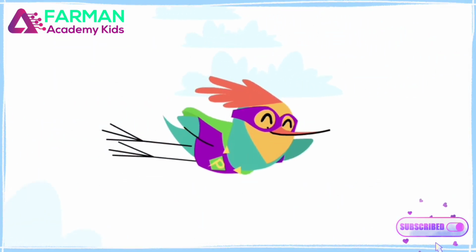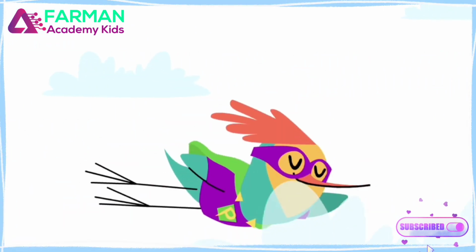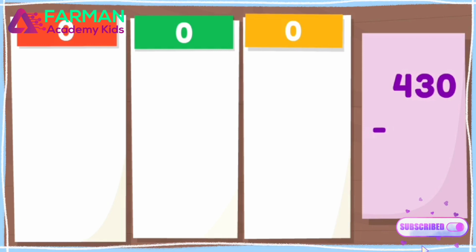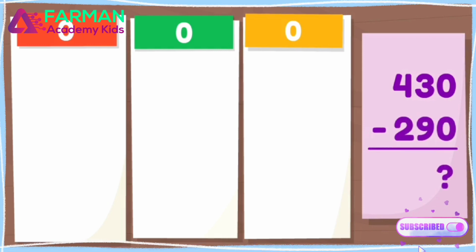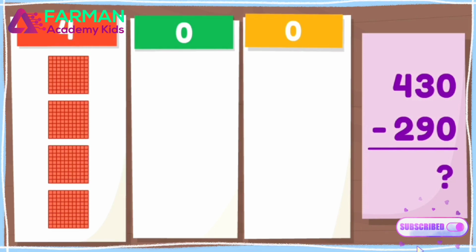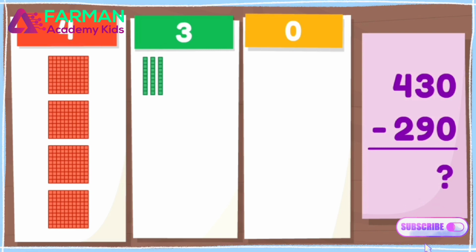I'm on a mission! Let's subtract some big numbers! What is 430 minus 290? We have 430, which is the same as 4 hundreds and 3 tens. Now we want to take away 290.